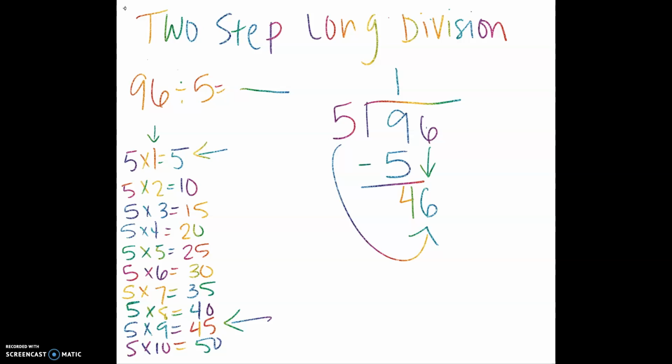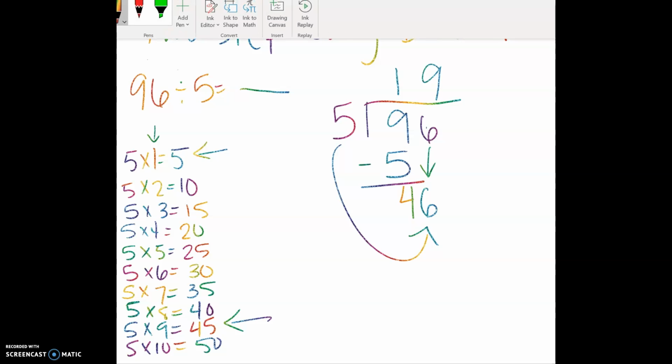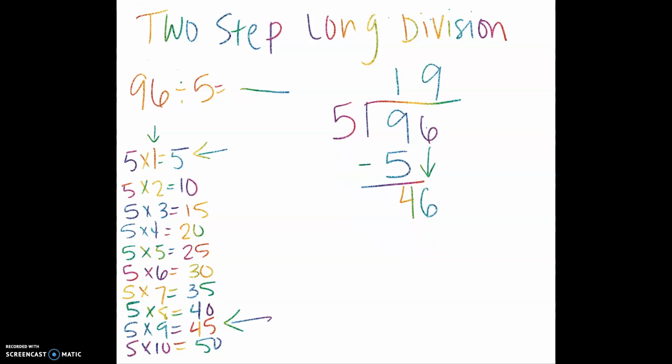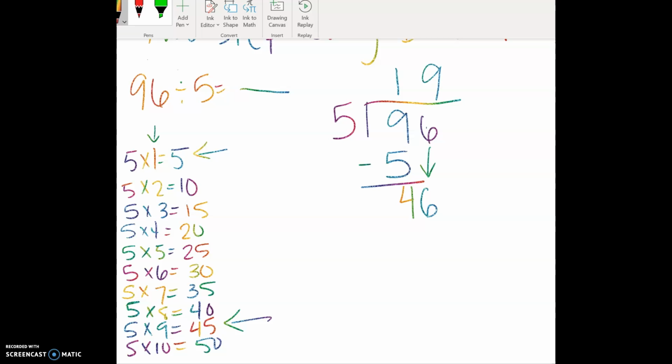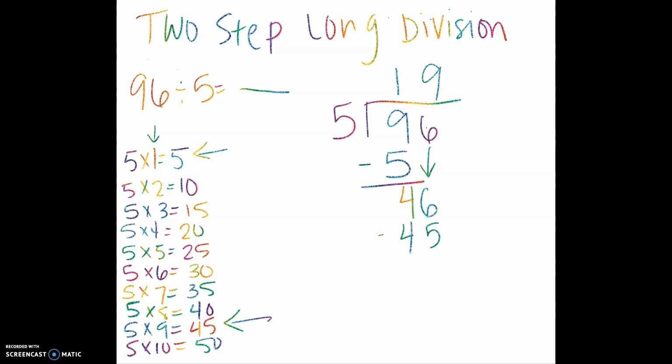So now I want to put the 9 on top of the 6 that we just brought down. And underneath, I am going to write the answer to 9 times 5, which we know is 45. Put it right here. And now I'm going to subtract. So I know that 6 minus 5 equals 1. 4 minus 4 equals 0.